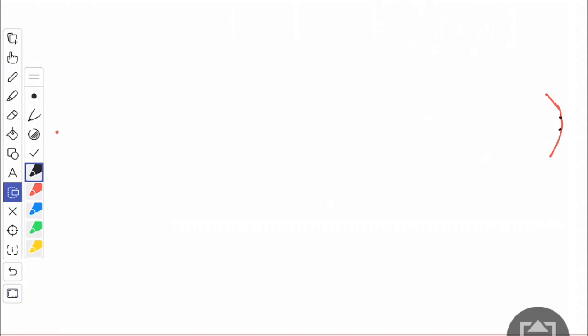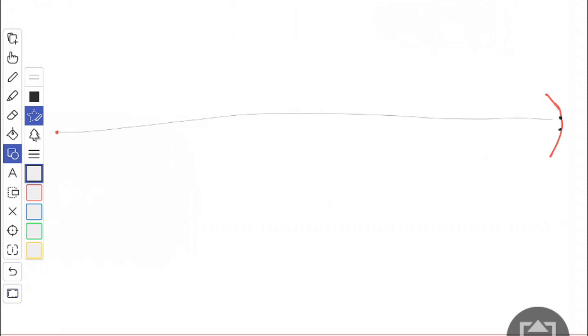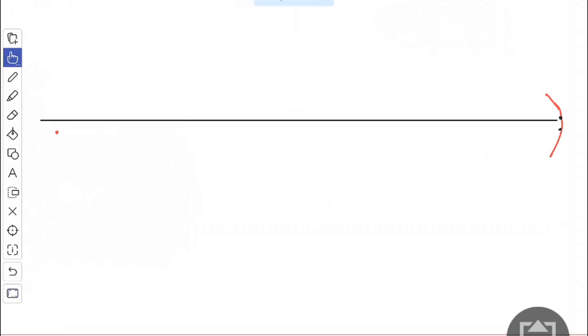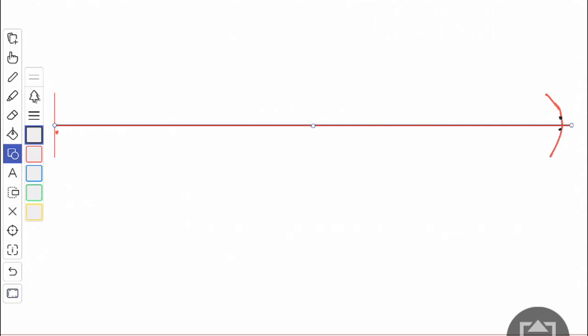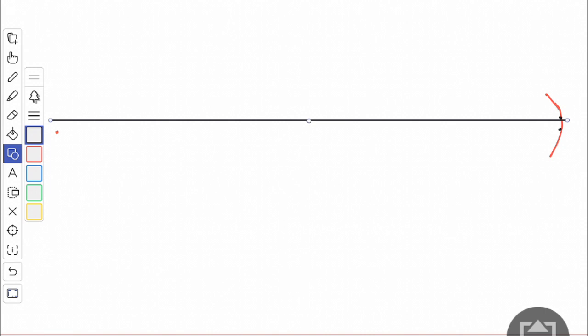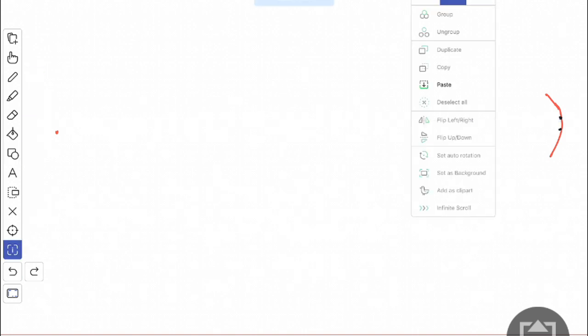Now if I take one ray coming from here like this, and another ray coming like this. Actually, it's a little hard to draw, so I'll remove this automated drawing and just draw with my free hand.